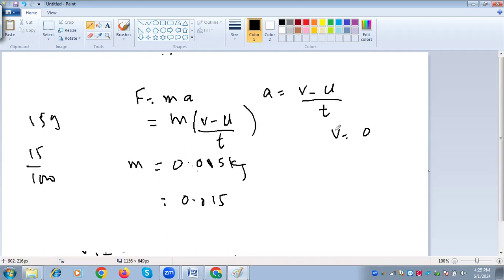Initial velocity u is 0, and final velocity, because that moves with the constant uniform velocity, it travels 0.67 meter in 0.18 seconds. So 0.67 divided by 0.18.